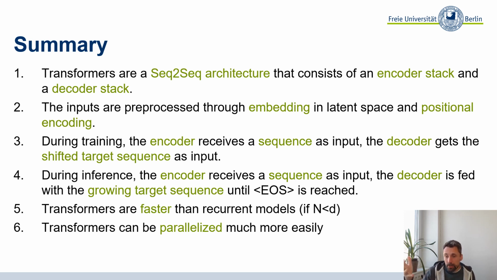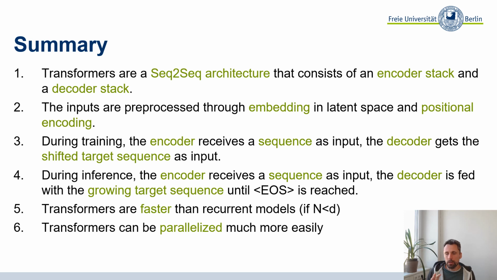During inference, though, the encoder delivers the same encoding for the input sequence, but the decoder now produces a growing sequence. Please note this difference. And the transformer architecture allows that, which is a very neat point.